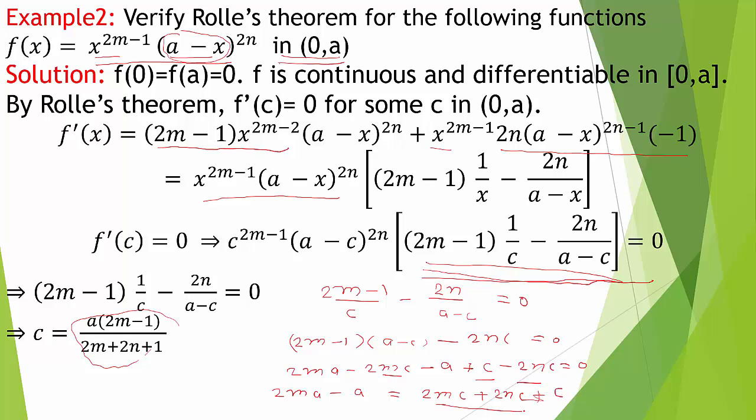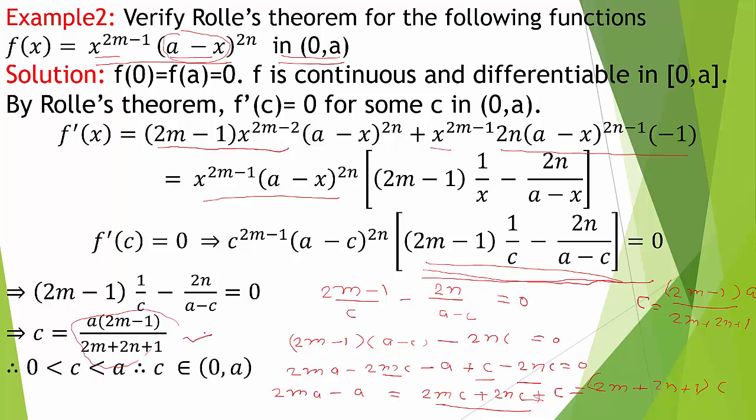I shall take c common, equal to (2m plus 2n plus 1) into c. And that's why c equal to (2m minus 1) into a, taking a common, divided by (2m plus 2n plus 1). This is the value of c.